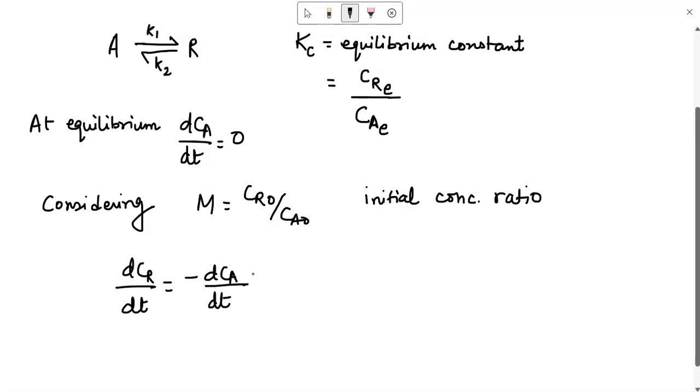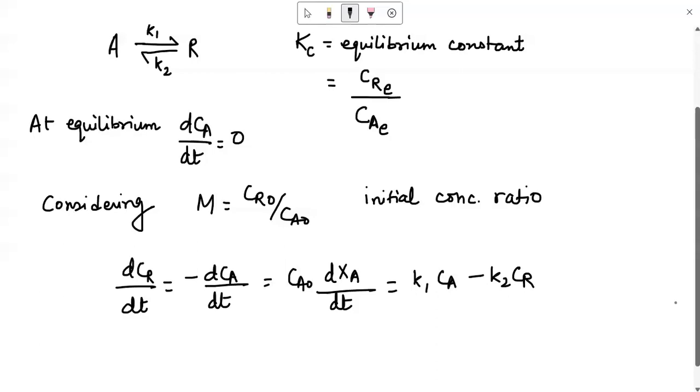This is obvious because it's a reversible reaction, so the rate of formation of R is exactly the negative of the rate of change of A. So we write it in this manner, equals CA0 dXA/dt. In terms of the conversion of A, that is equivalent to K1CA minus K2CR.